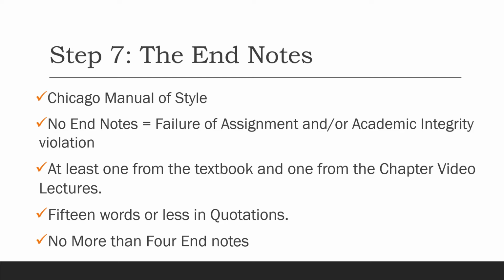No more than 4 endnotes in total should be used for the discussion, because I want to see your words, not mine, nor the author of the textbook we're using for the class. Do not try to use quoted material only to answer the discussion. Generally speaking, for a paragraph, there should be really no more than 2 endnotes, and whatever you are quoting should be 15 words or less.